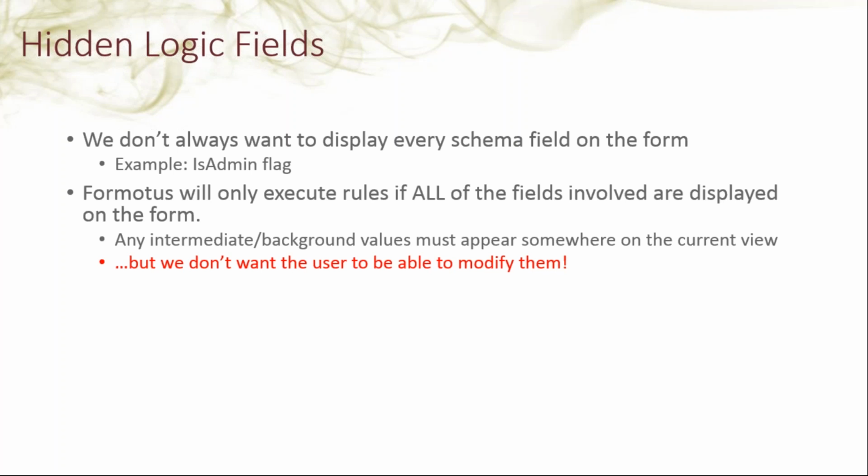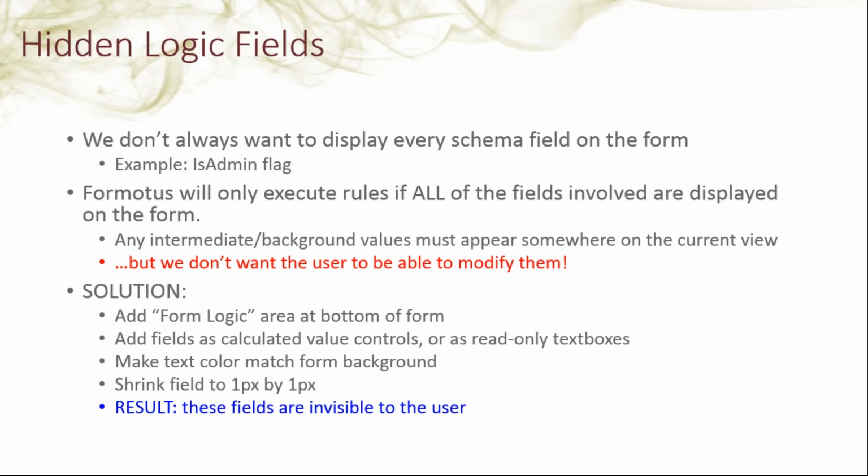So if you have any intermediate values, maybe you have some complicated calculations and you're storing intermediate values in some of your schema fields, or background values like that isAdmin flag that the user doesn't need to interact with, they actually must appear on the current view of the form, or else the rule will not execute properly all the time. But obviously you don't want the user to be able to modify these. You don't want your user to be able to type yes or true into that isAdmin field and magically become an administrator.